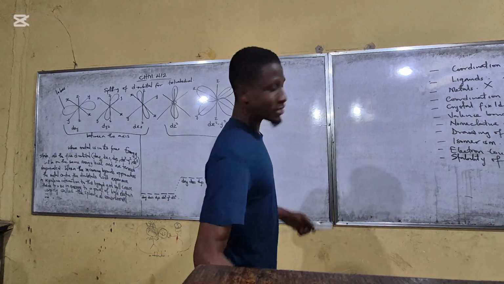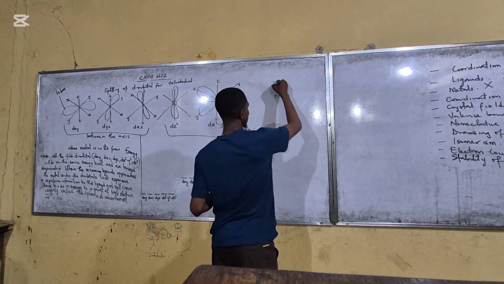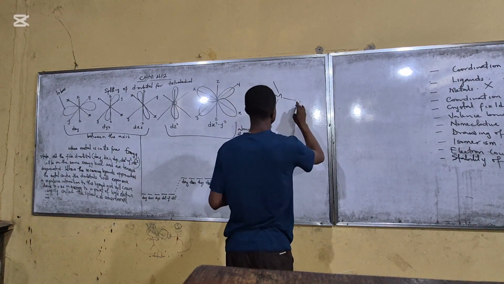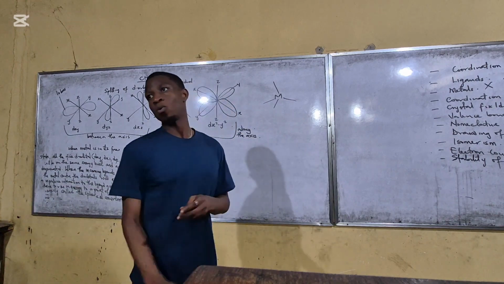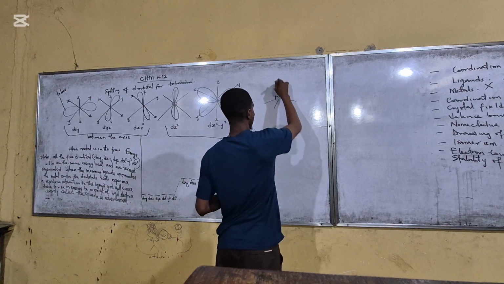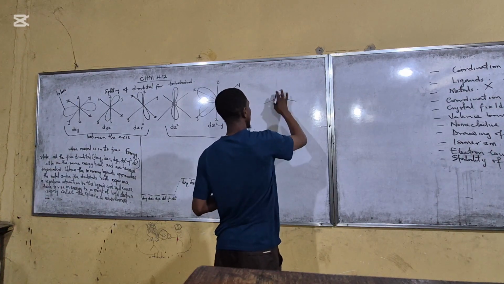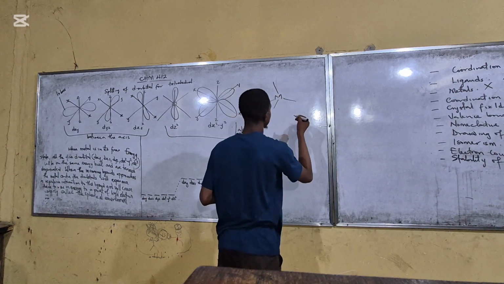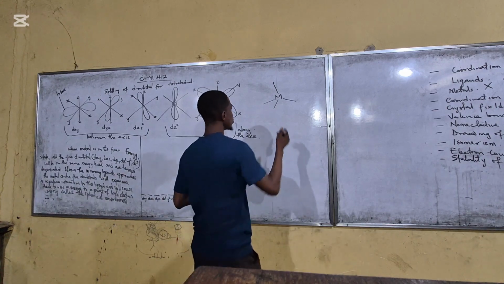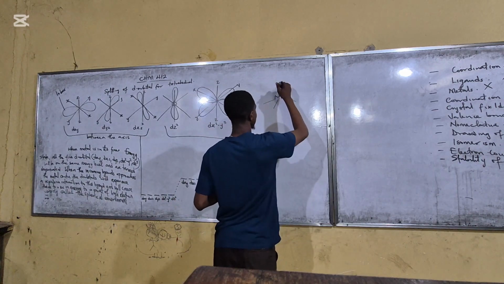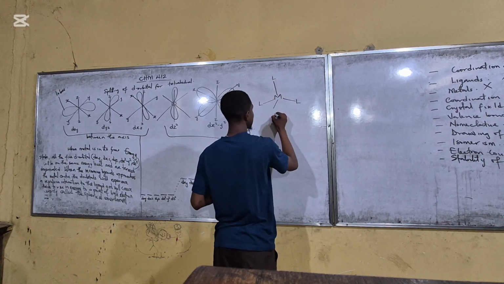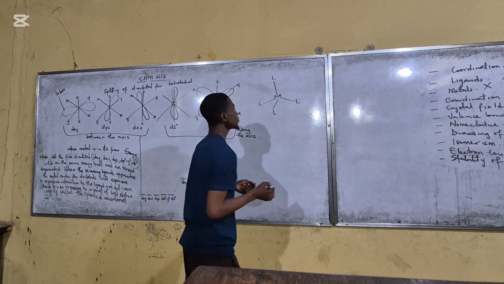Now when the ligand has been coordinated, meaning we are now in a tetrahedral field, you know tetrahedral is 109.5. So I cannot really say this thing is standing straight, because all the angles are 109.5, so it has to be slanted in a way. There's a ligand here, here, here, and here.